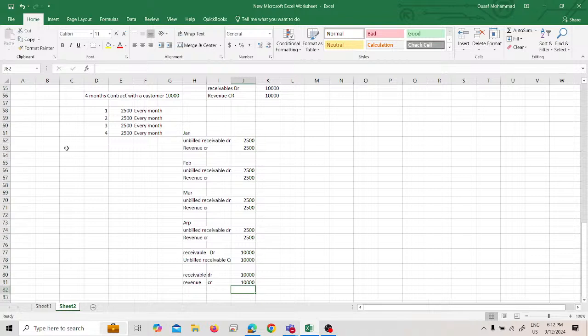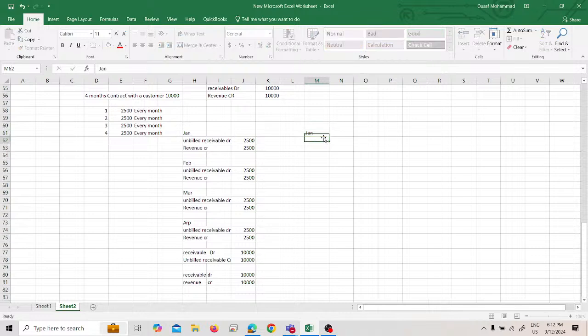So suppose the client has asked us that they don't want the bill to be issued yet. In this case we are going to enter the transactions such that we stop the revenue until the contract is completed and the bills are issued.